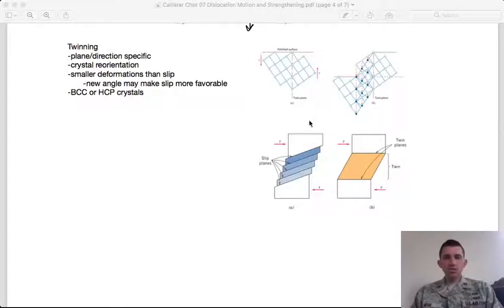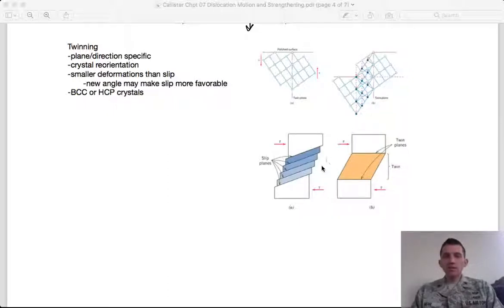And so this is one way I can switch from a crystalline structure to a twin, and that produces a deformation. But it's not so much a slipping, it's more of a crystal reorientation, which produces a smaller deformation than slip does. However, it changes the angle of the resolving crystal. So I have taken this and rotated it rather than just shifted it.